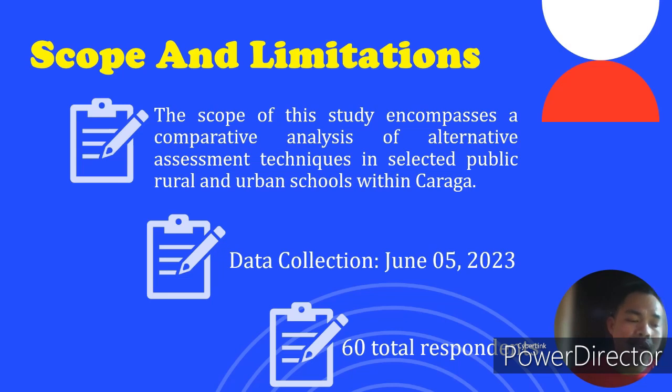Respondents are surveyed accordingly. The study provides valuable insights into alternative assessment practices in the Philippines and serves as a foundation for future research and improvements in educational assessment strategy.